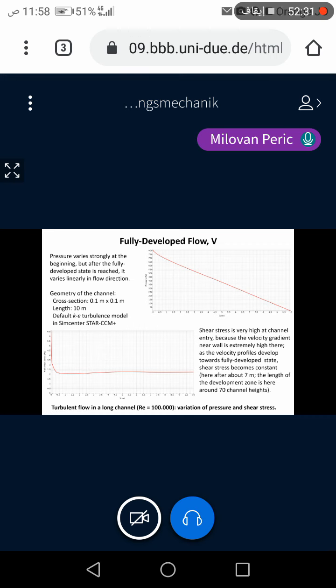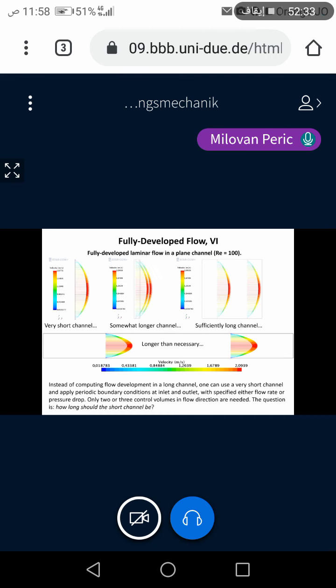So it takes long. Now, the other approach, and this is what you would normally do if you need fully developed data to use for something, is to take a small part of the channel, just 2 cells, and apply periodic conditions. But here you can make this channel length different.